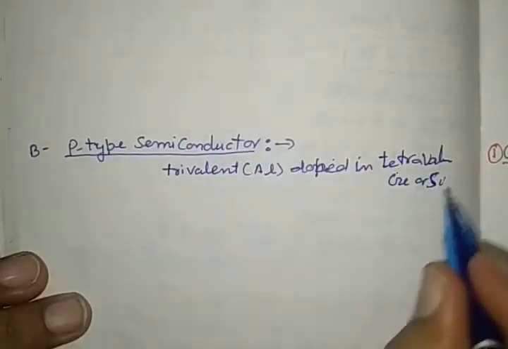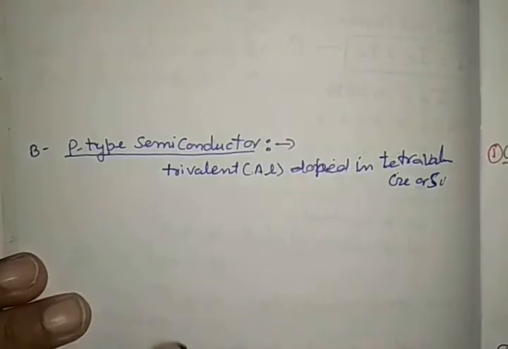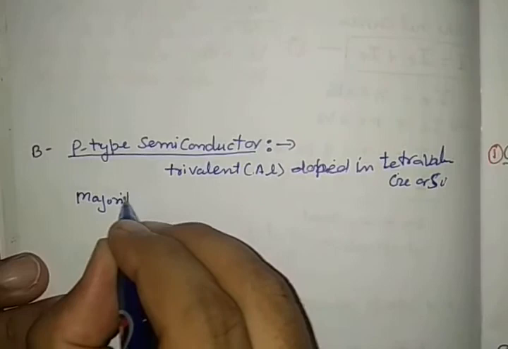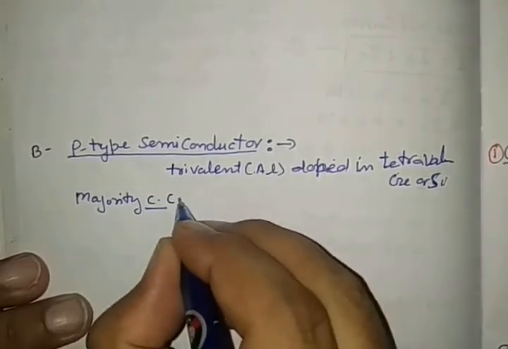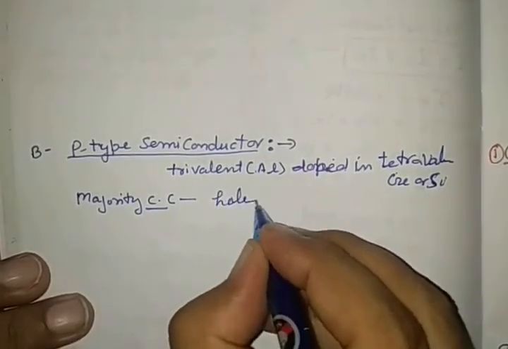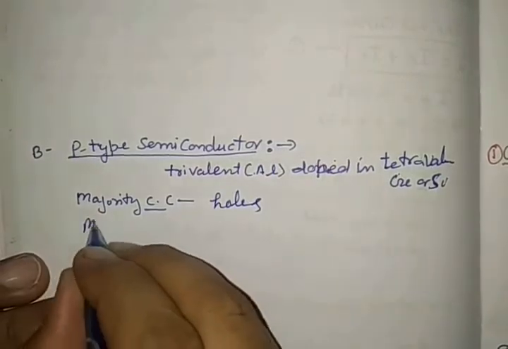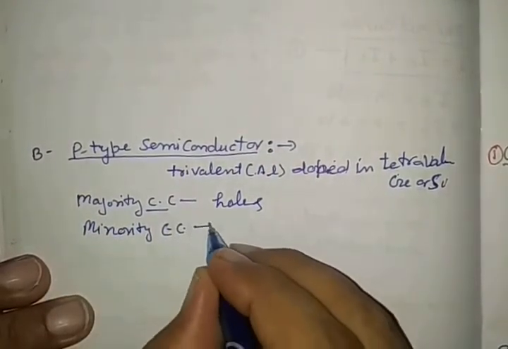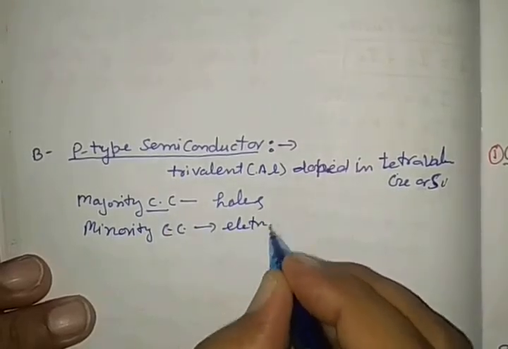The majority charge carriers are holes and the minority charge carriers are electrons.